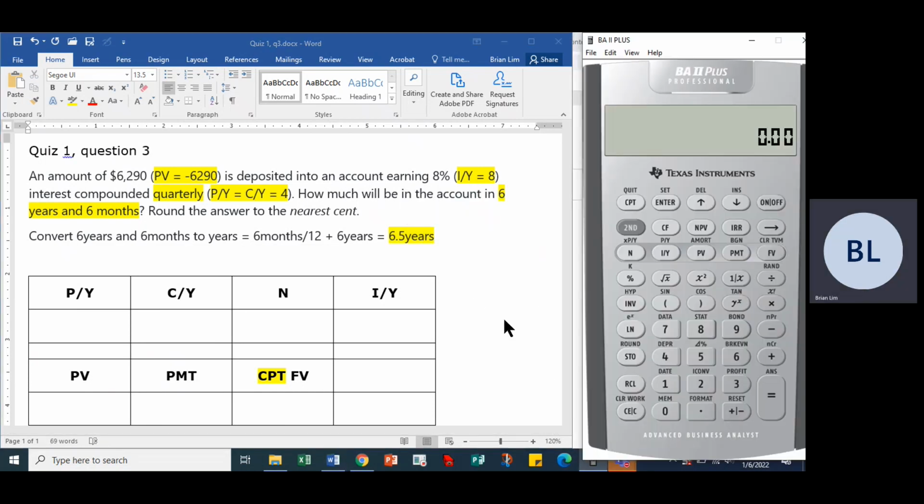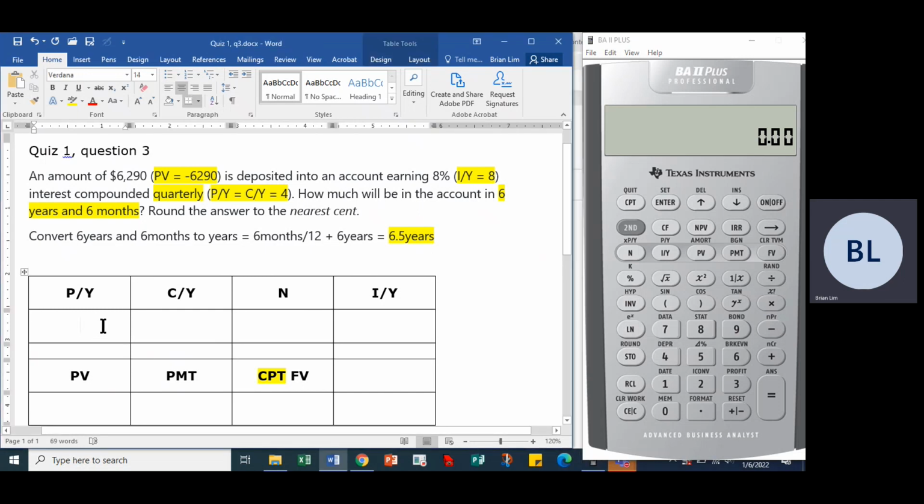Okay, let's put up the calculator. So we can enter some numbers in here. PY is 4 and CY is 4. Now N would be 4 times how much? 6.5, and it should give us 26.